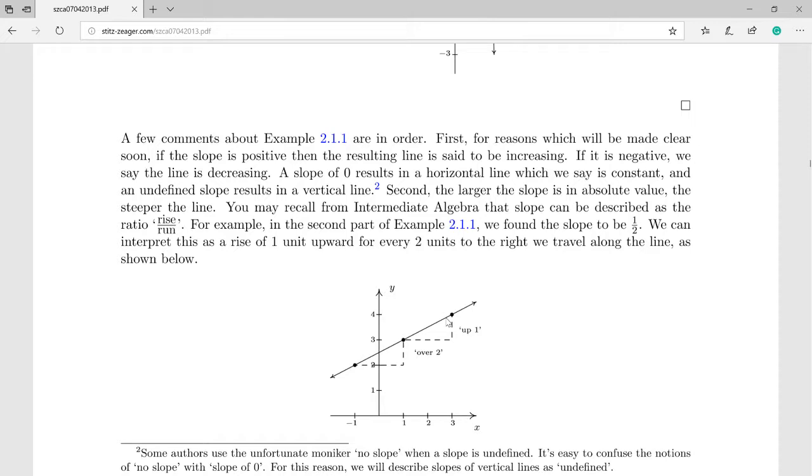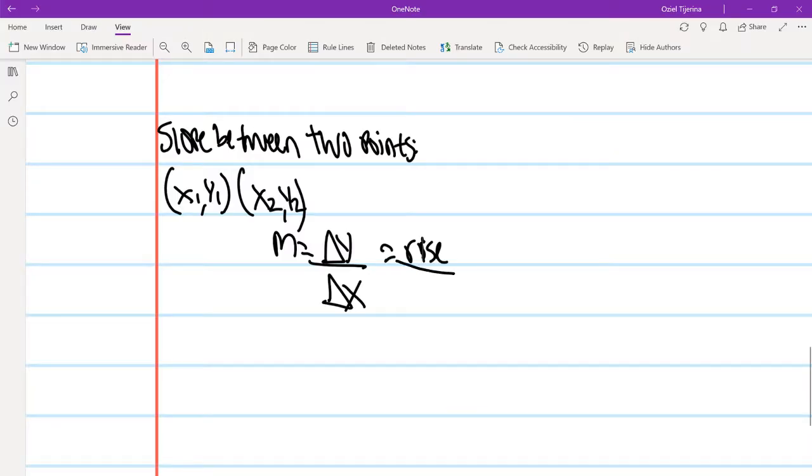The m is also the change in y over the change in x, and that is rise over run.